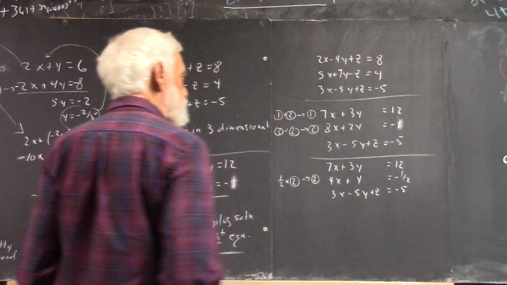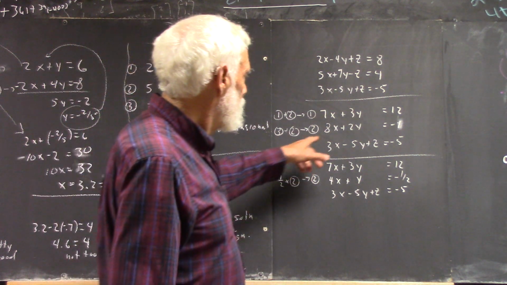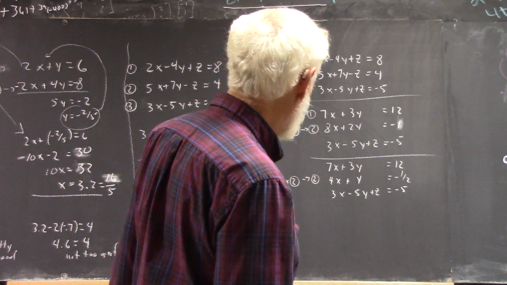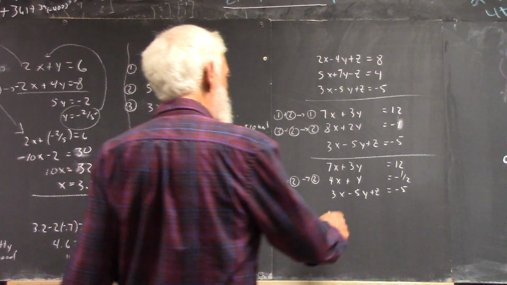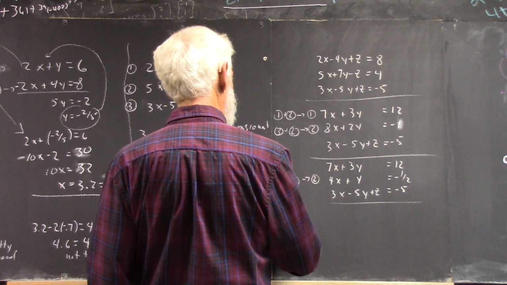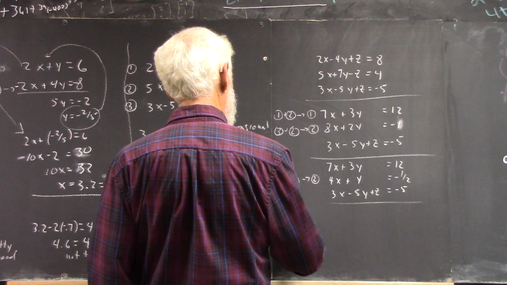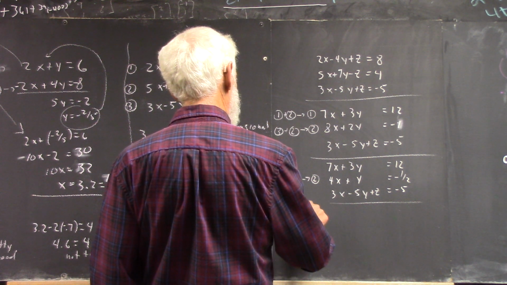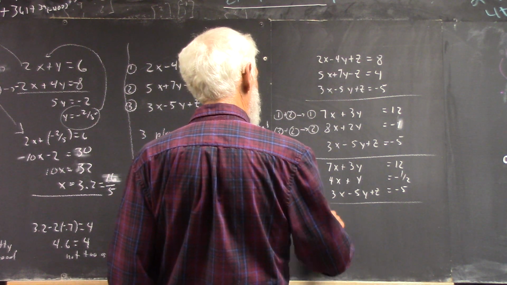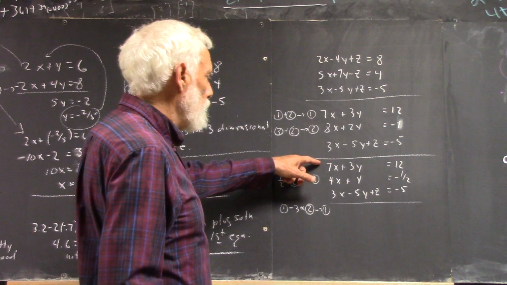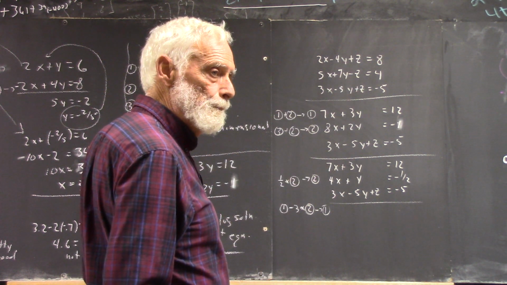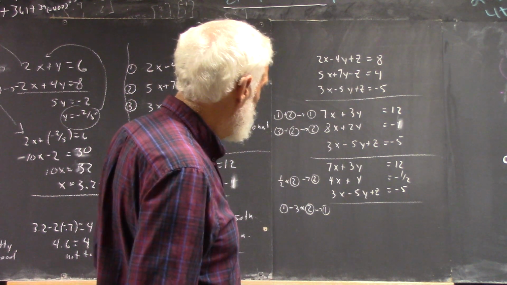Equation 2. Took half of both sides of equation 2. Why did I do that? Well, because now equation 1 is going to become equation 1 minus 3 times equation 2. So what do you get?